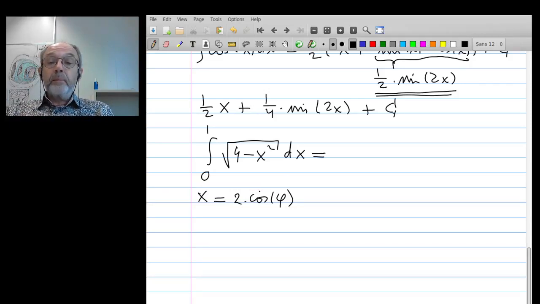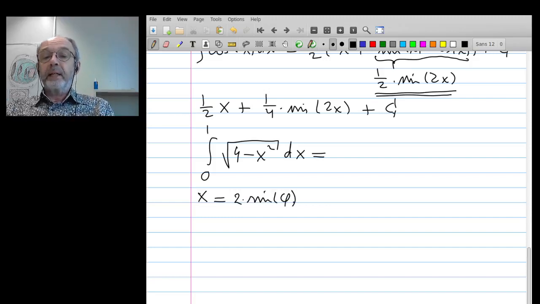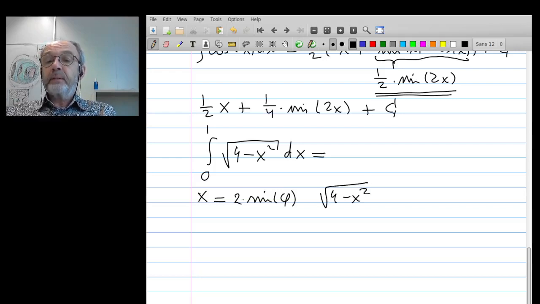Maybe it doesn't matter, but I will do the sine of phi. Why, I don't know, but I like this one here. So then you have 4 minus x squared.